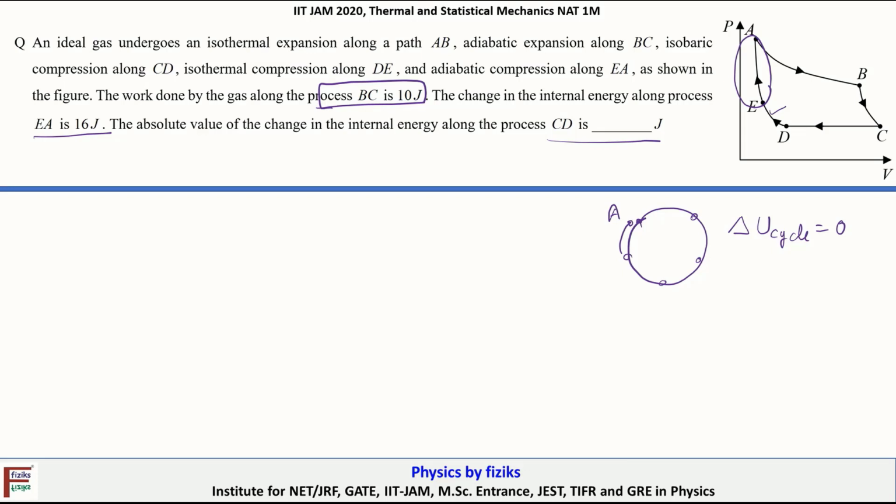So the net internal energy change along the complete cycle, we can write delta U cycle.